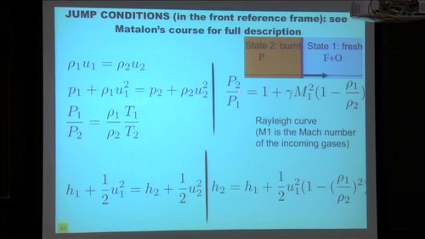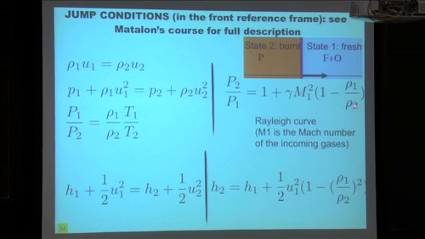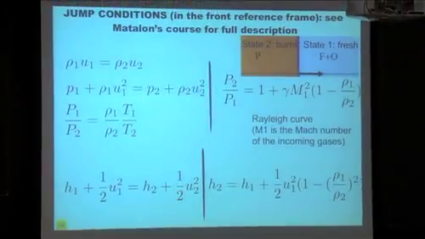You combine all of those and you can prove that the ratio of pressure between the two sides is linked to the ratio of density and to the Mach number of the flow here, which is also the speed of the front, because if you are in the reference frame of this front, which is a planar front, then you have to go at the same speed as the speed of the front itself.